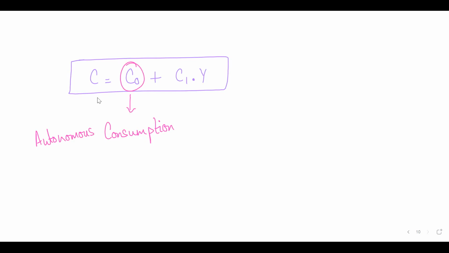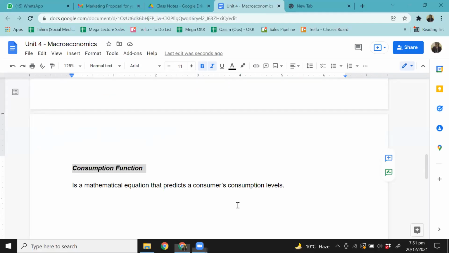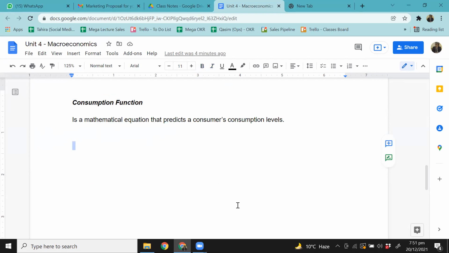Autonomous consumption is the component of consumption that does not depend on income level.